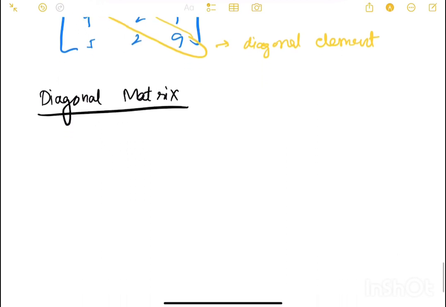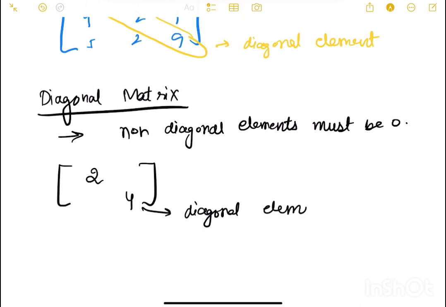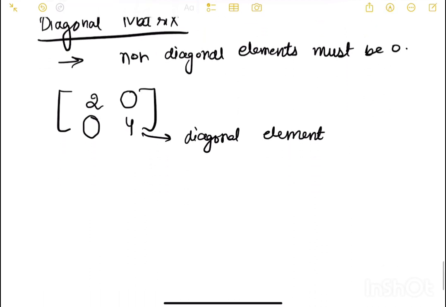A diagonal matrix just means that the non-diagonal elements must be 0. What do we mean by that? For example, I have this matrix. This is my diagonal elements, as I have just explained above. These two are my non-diagonal elements, so these will always be 0. So this is what a diagonal matrix means.